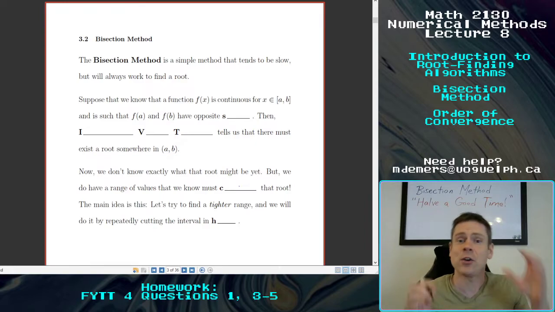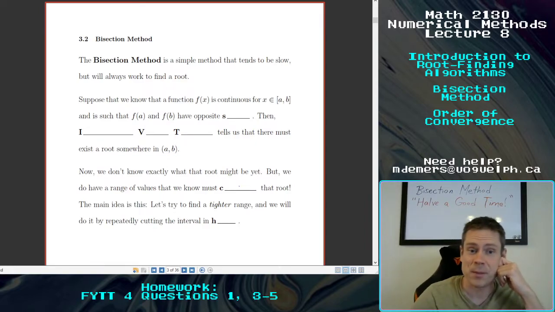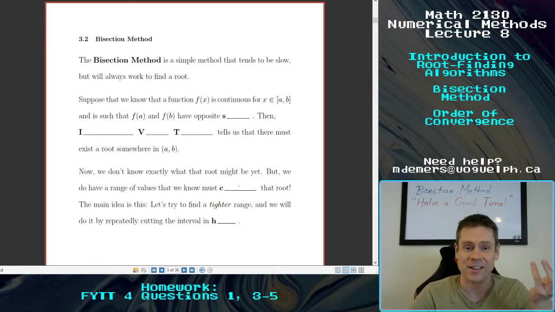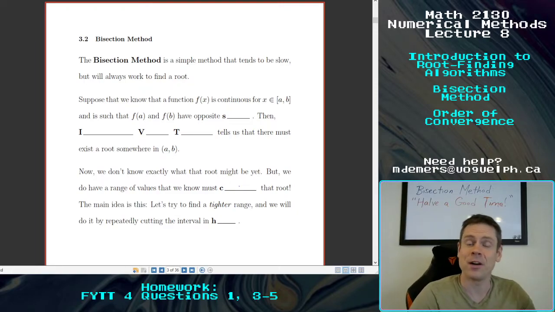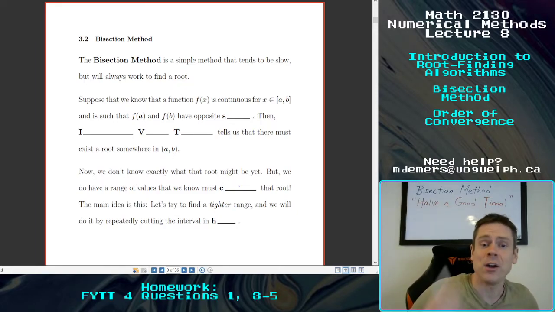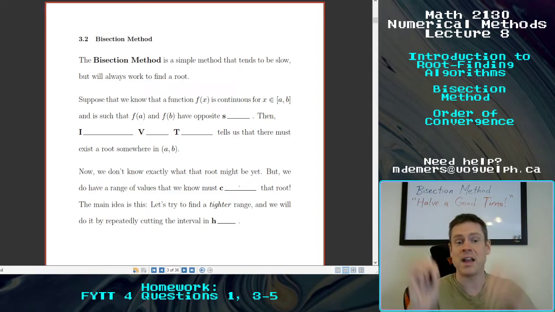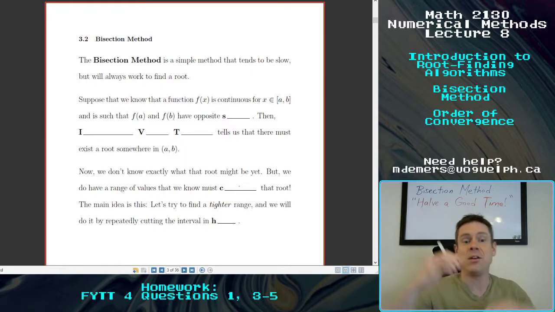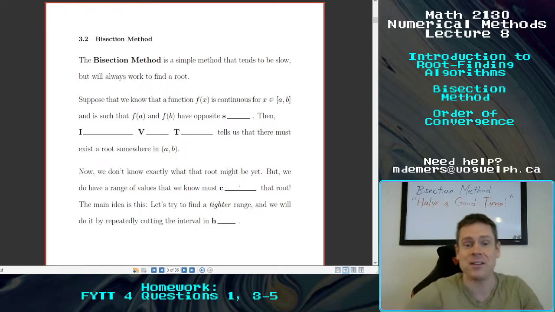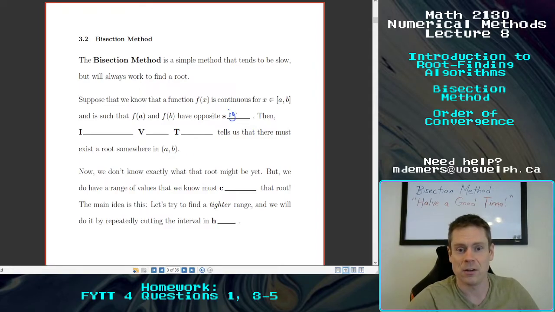So here's the criteria we need for bisection method, which I kind of like to call intermediate value theorem on steroids. So suppose that we know that a function f is continuous on [a, b], so it still has the criteria for intermediate value theorem, and you know that f(a) and f(b) have opposite signs, as we know must be the case for intermediate value theorem, then that theorem holds.